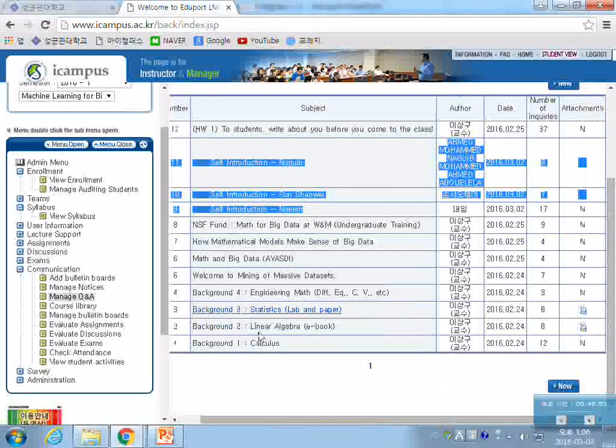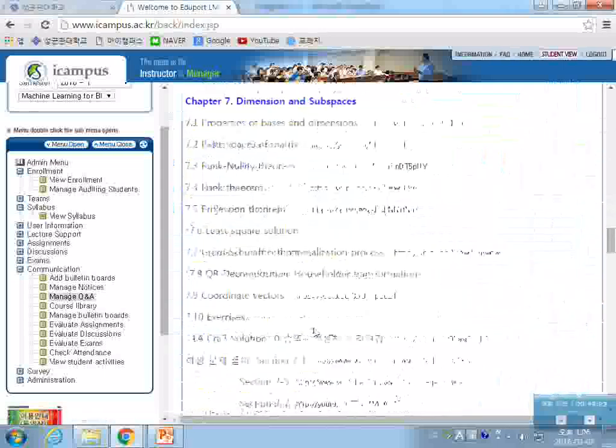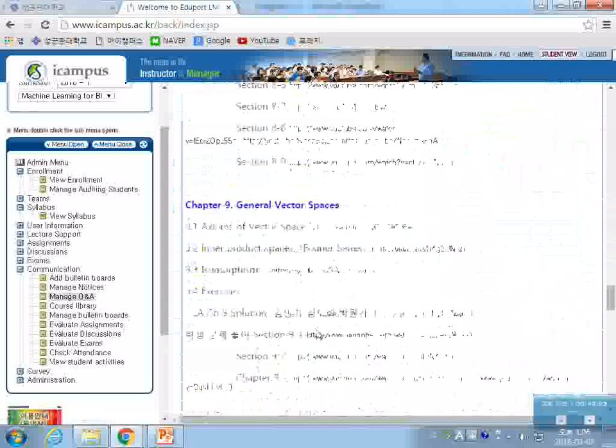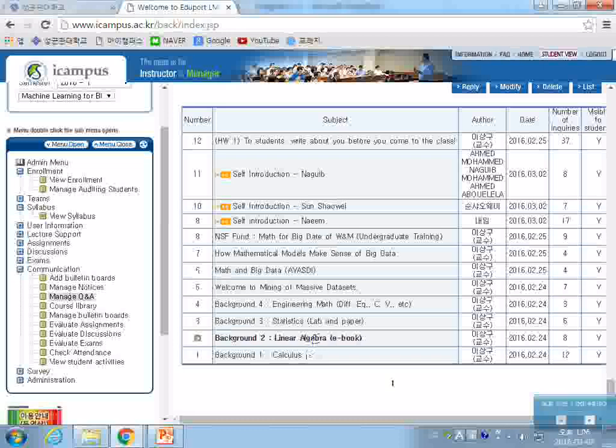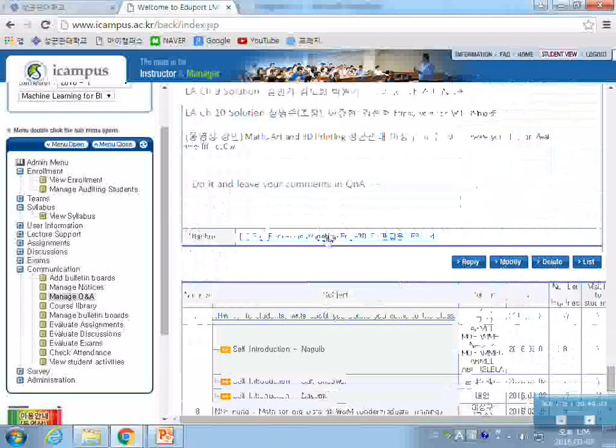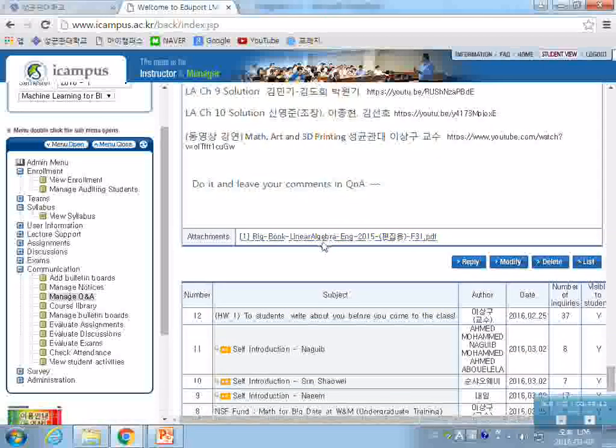And I also gave you the linear algebra textbook, which is a 500 page book, the English version of it, and all the linear algebra concepts are in here.